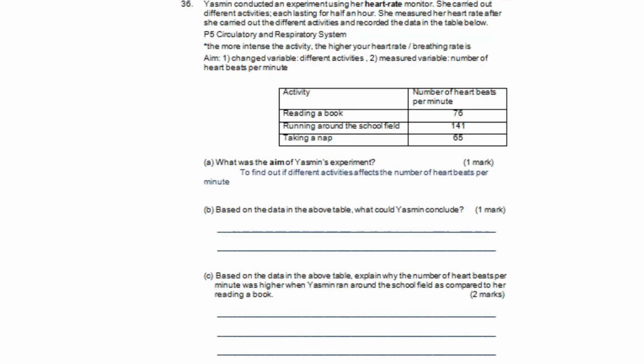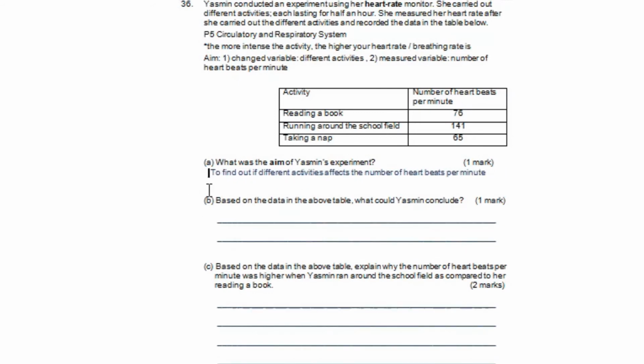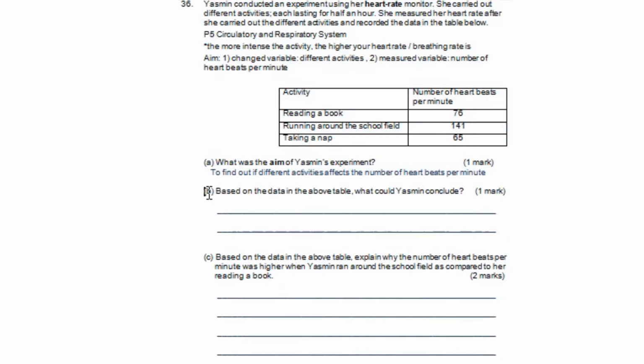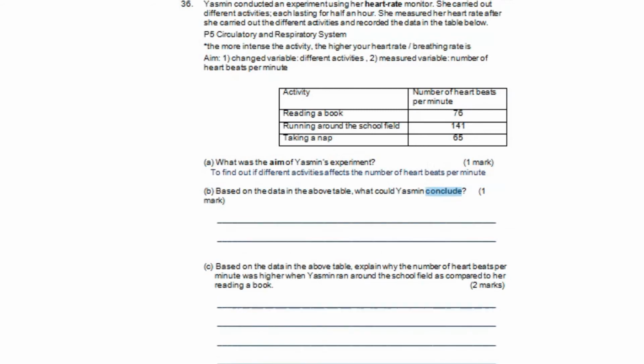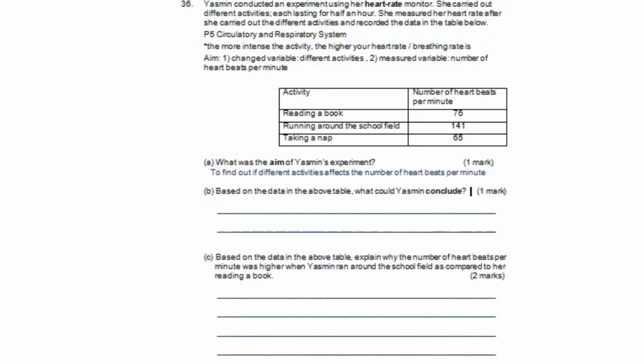Now let's take a look at the next question. It says, based on the data in the above table, what can she conclude? This is another thing that I've already taught you how to write. Your conclusion should always be similar to a relationship question.